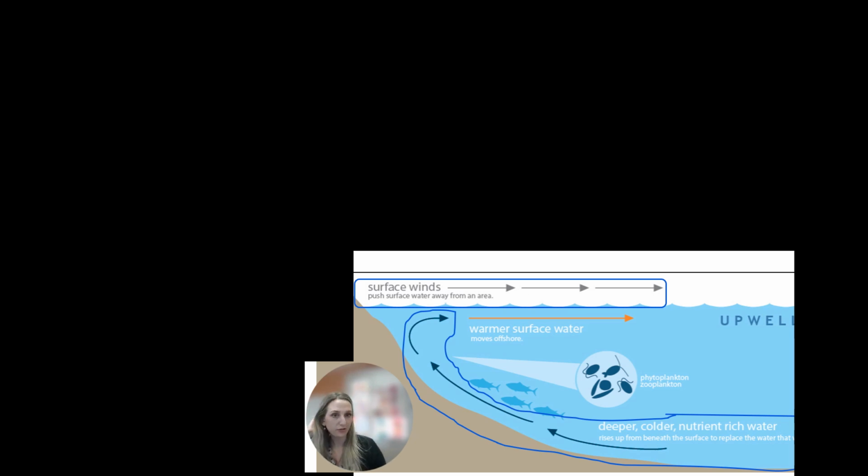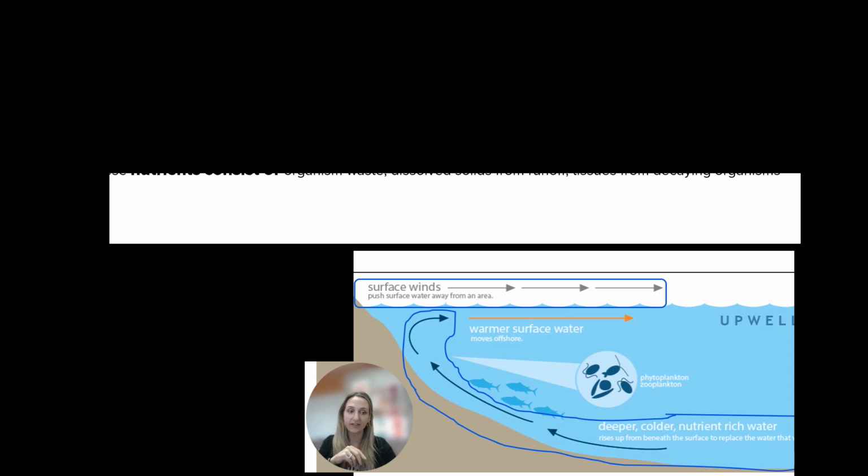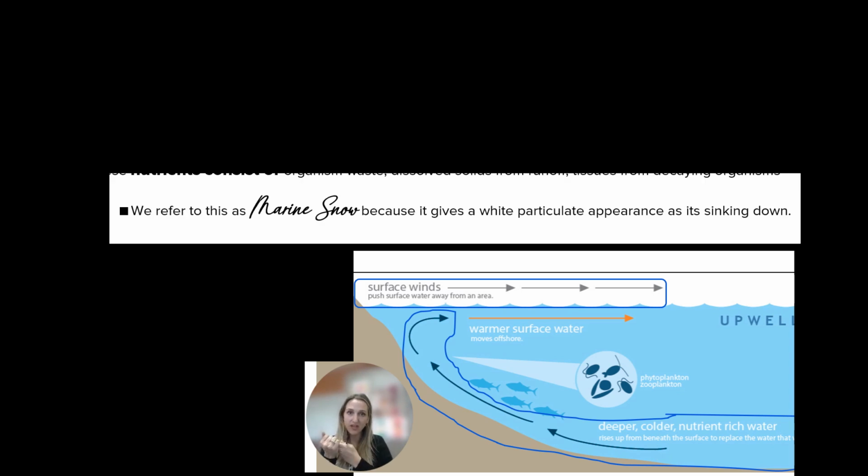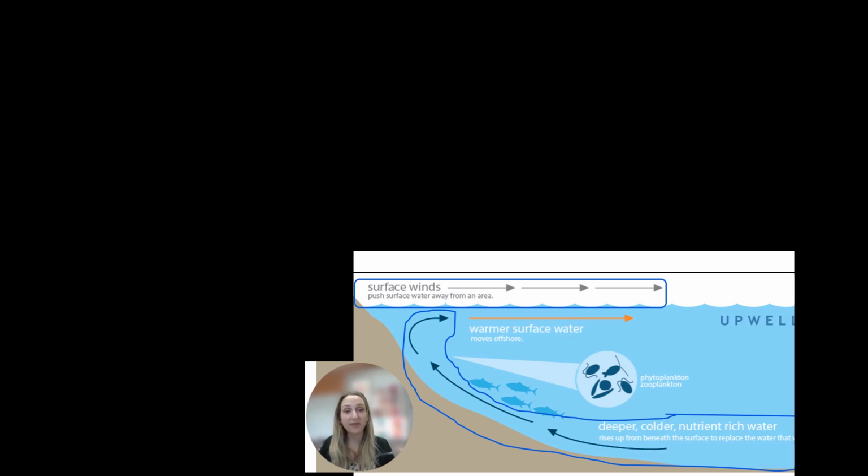This is also tissues from decaying organisms or organisms that have been consumed, and maybe they're scraps, like detritus, scraps that fall out of the mouth of a consumer or a predator. Those things are going to sink to the seabed. And this will be a vocab word in the next chapter, but this is called marine snow because as it sinks to the bottom, it doesn't have really any pigmentation with it.